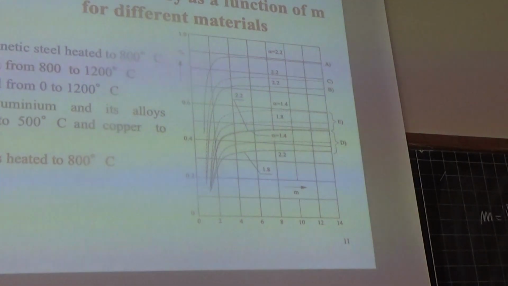The second aspect is the efficiency. We must be careful. If we would like to perform an efficient induction through heating process, we must care about the value of M. Remember, the value of M must be greater than 2.5.